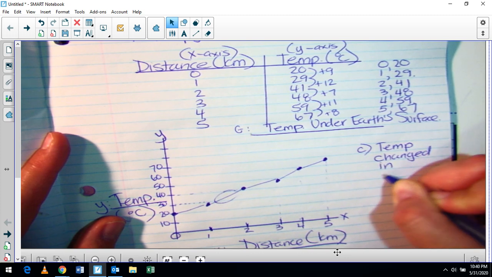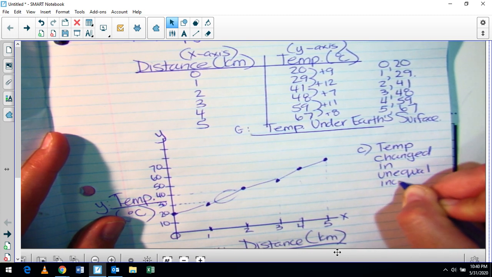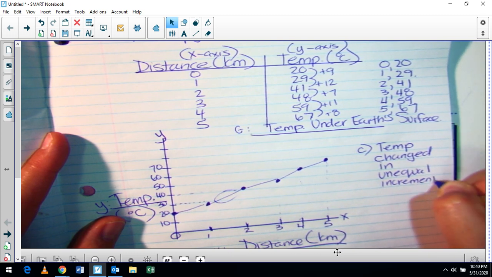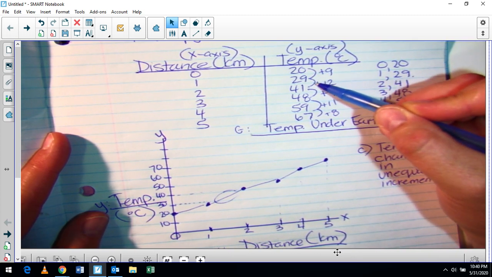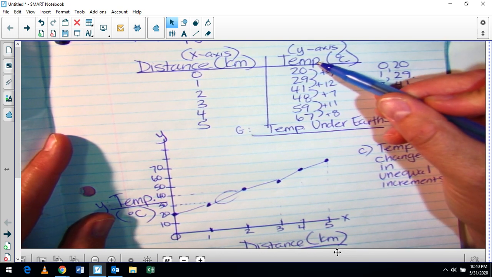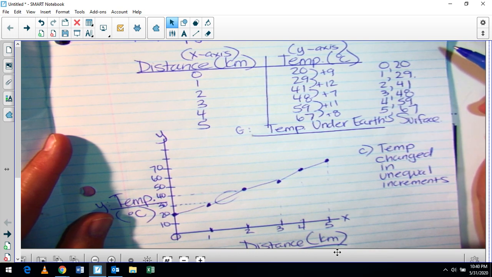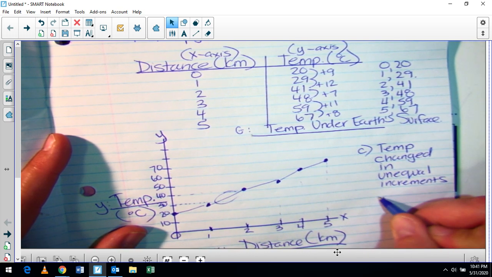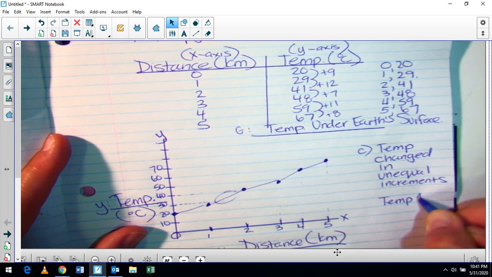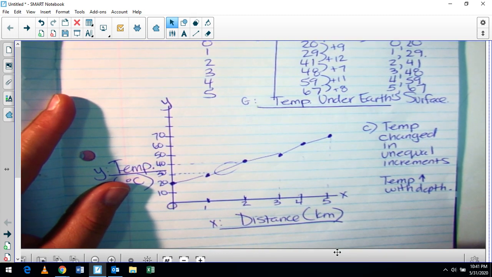It changed in unequal increments, because every kilometer it didn't change by necessarily the same amount, but it did continually get warmer as they went down. So temperature increased with depth. Those are 2 things I know from looking at this graph.